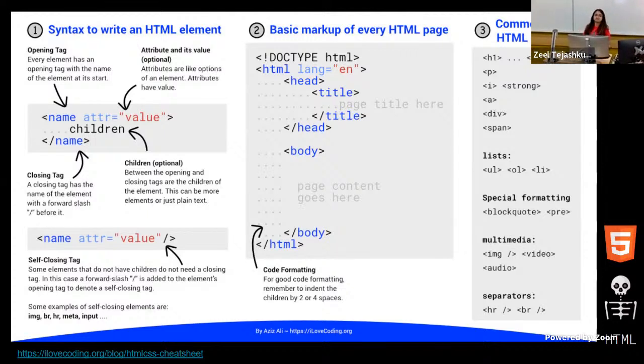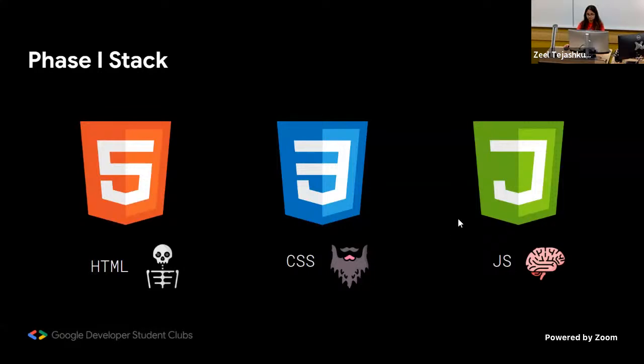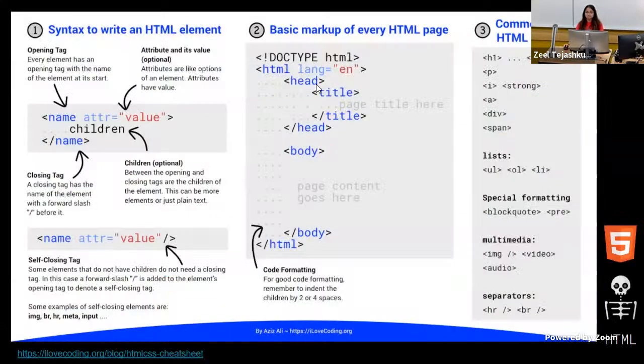Okay, let's go to the basic structure of any HTML code file. For any HTML, there's a general format that each one follows. There's a tag that defines the document type. There's the HTML tag. You notice that it has an opening and a closing tag.